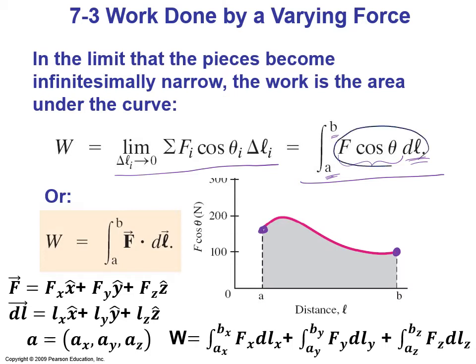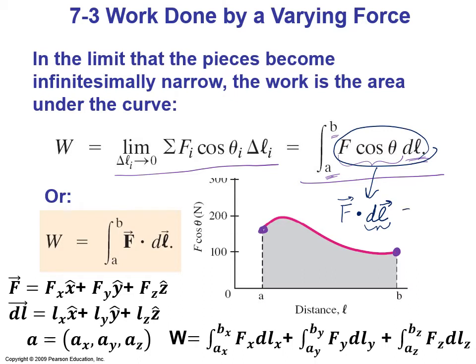if you wanted to save from having to put an angle in there, because you might not know the angle, could just be F dot dl, where this differential displacement element now is a vector element. So it's infinitesimally small, and it has a direction on it now as well.